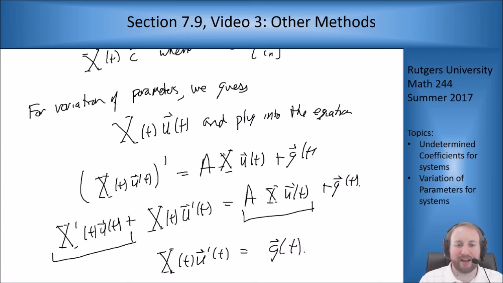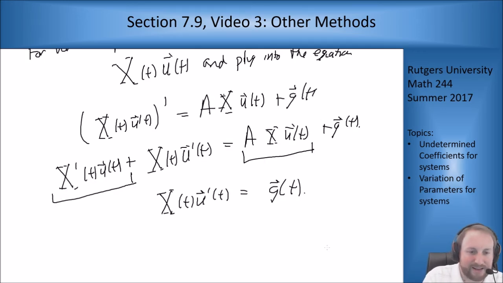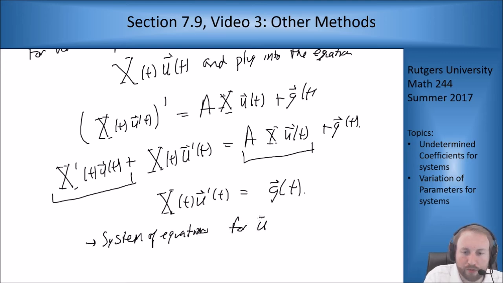Now, from a theoretical standpoint, we know X of t is invertible, so I can invert X of t to the other side to get u prime equals some function of t, which is X of t inverse times g of t. I can then integrate both sides and solve for u that way. But from a more computational point of view, this is now a system of equations for u prime as a vector.